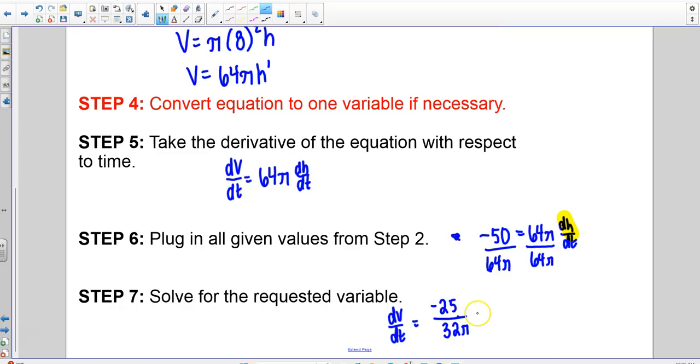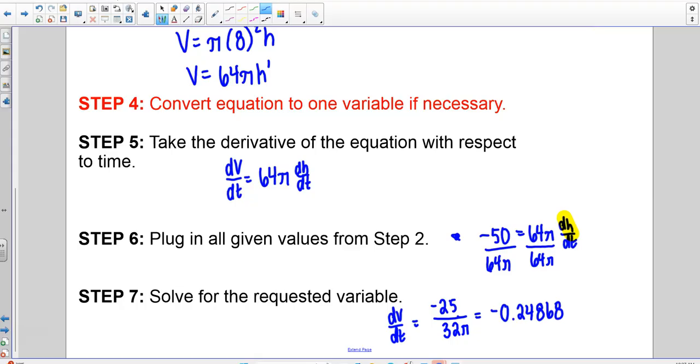No. I'm also just going to get a decimal for that because in the context of water tanks, we'd rather have a decimal than this exact answer, right? So that is negative 0.248868 right there.